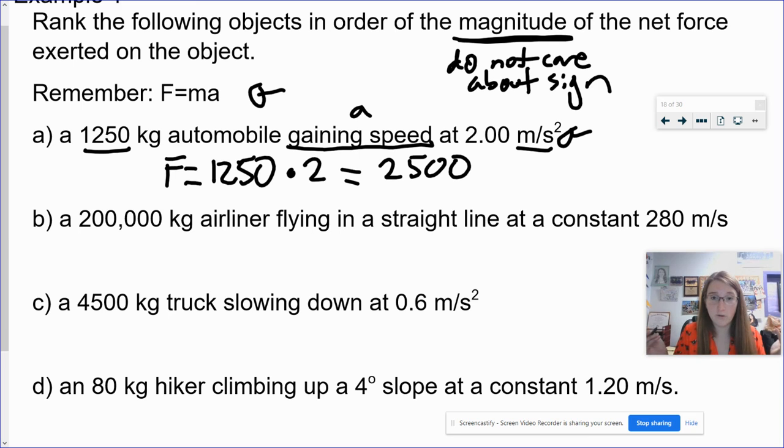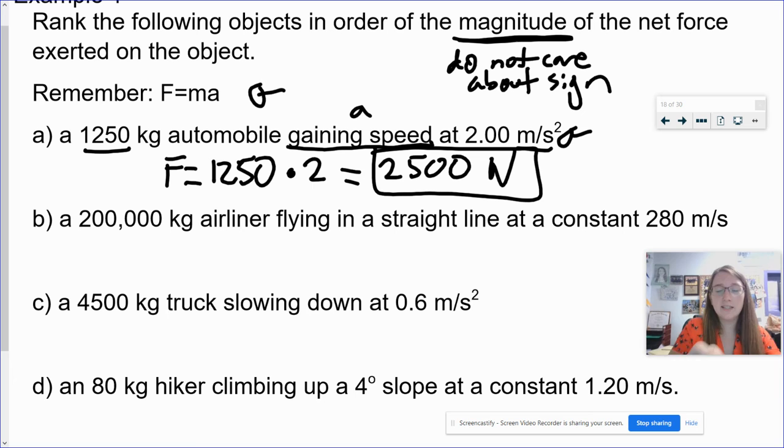What's the units again for force? Newtons. Now what this means, guys, because you've all driven in cars before, you know that when the car is not accelerating, it just feels like you're sitting still, yeah? If your car is on cruise control, it feels like you're sitting still.